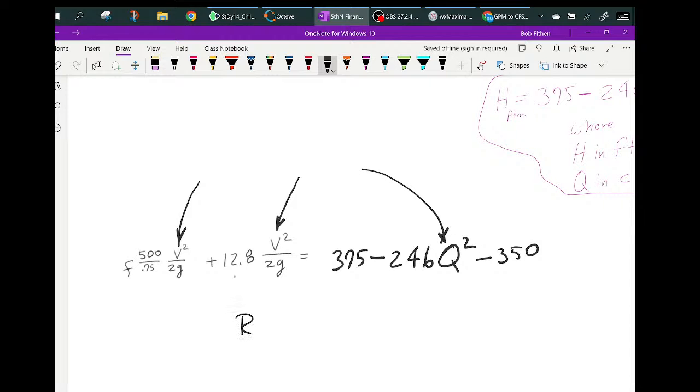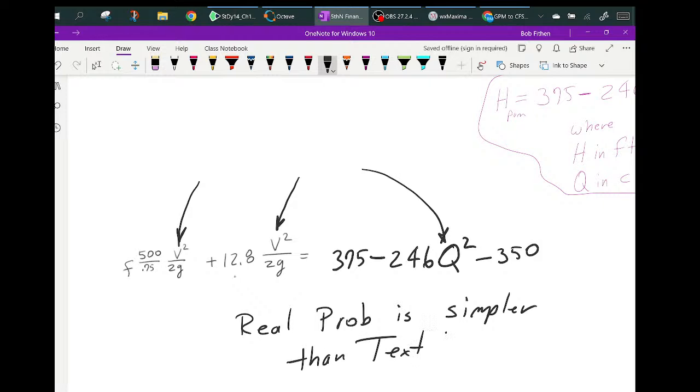So reality, or a real problem here, is simpler than the textbook. Look at that real close.